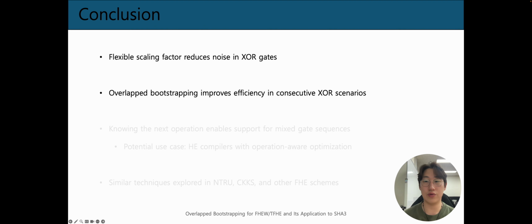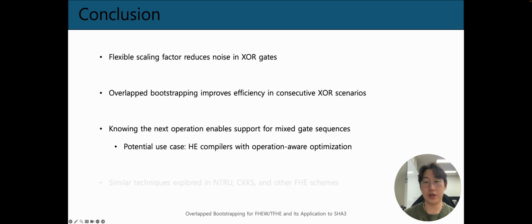And second, we propose overlap bootstrapping, which leverages this reduced noise to make bootstrapping more efficient in cases involving consecutive XOR gates. Third, we show that if the next operation is known in advance, we can apply overlap bootstrapping even with mixed gate operations, not just XOR.